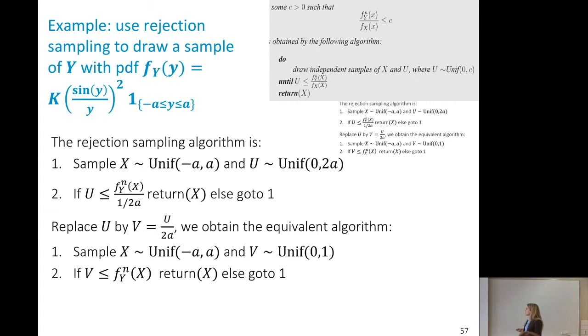Then we just need to draw x from the uniform distribution between minus a and a, and v from the uniform distribution between 0 and 1. If v is less or equal than fYn of x, then we return x, otherwise we go to step 1 and repeat the process. Here we removed this part because we changed variables. Since u takes values between 0 and 2a, v will take values between 0 and 1. So we sampled from the uniform distribution between 0 and 1.